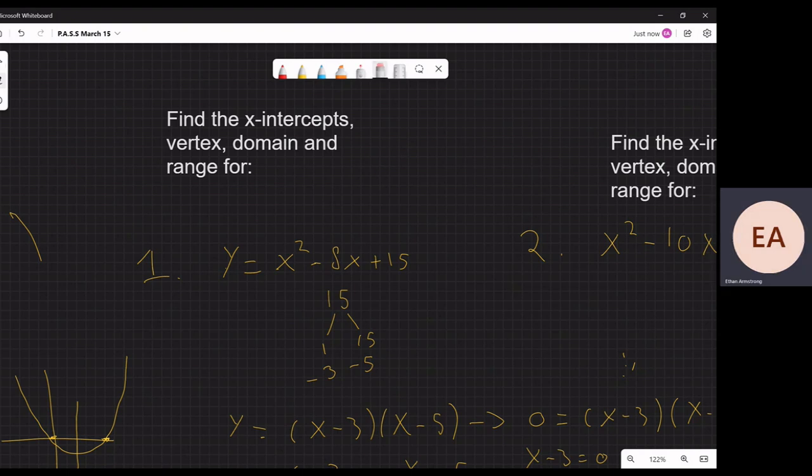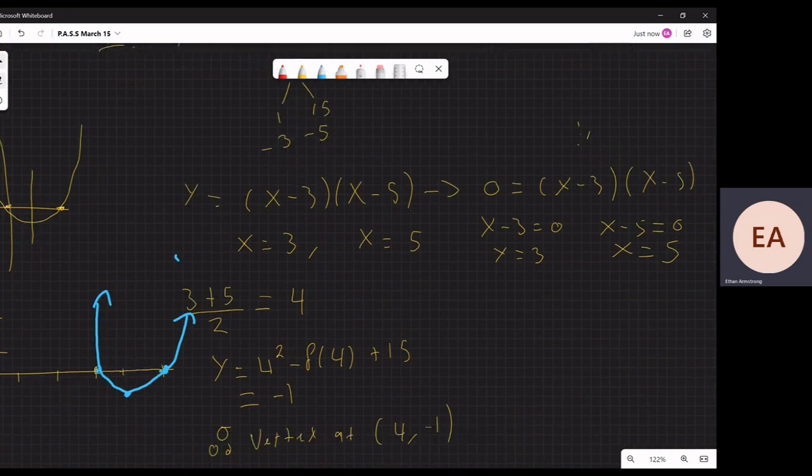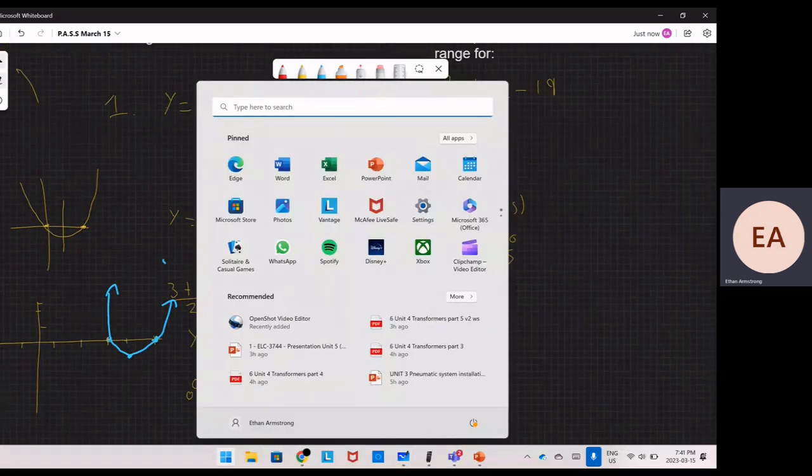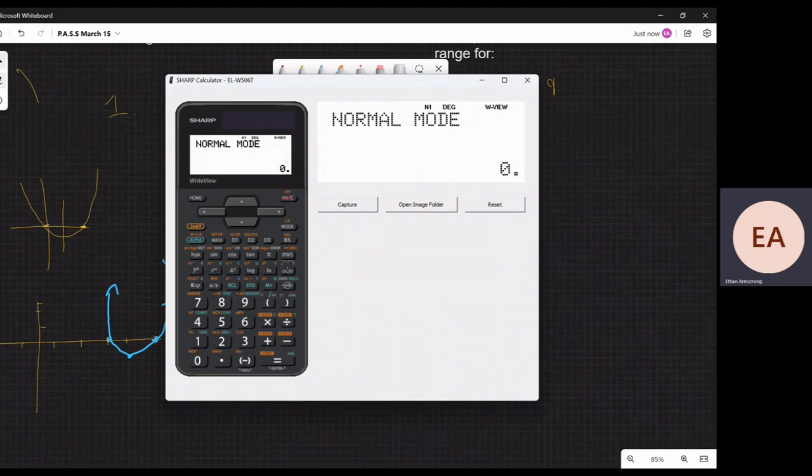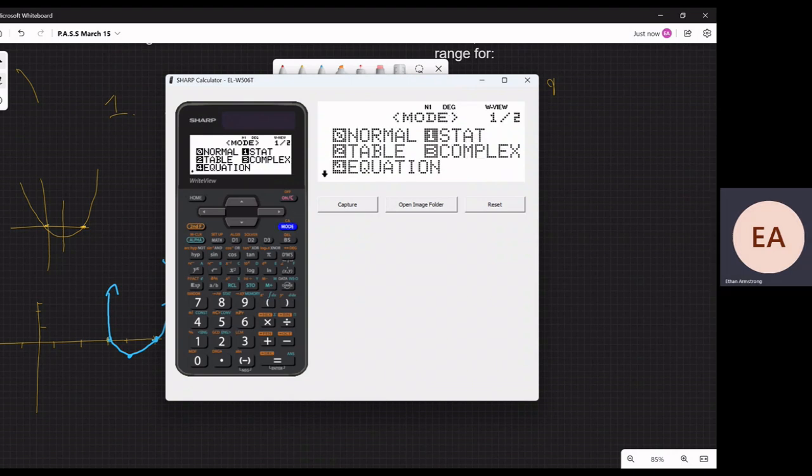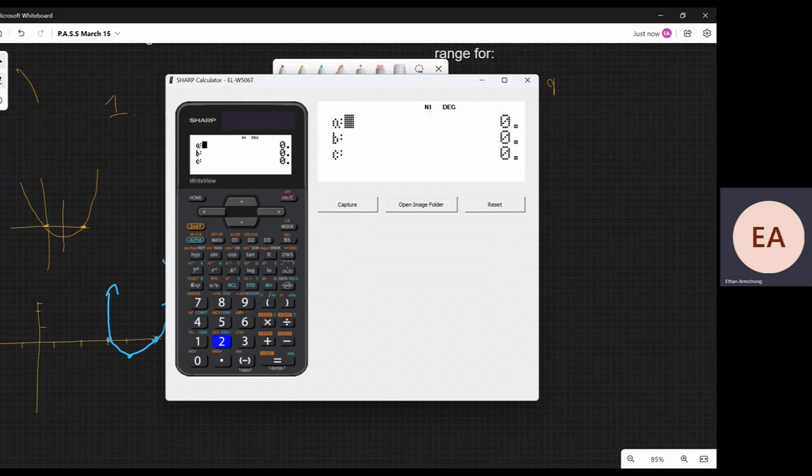And then we can also check our answer. I'm going to pull out my virtual calculator here. This isn't a fix-all; you can't just use your calculator and then draw your graph and call it a day. This is just a way to check your answer. We go into equation mode, then quadratic.